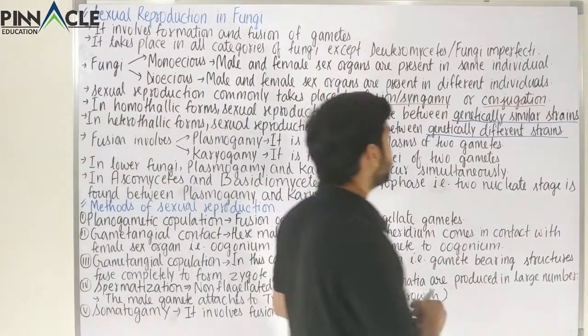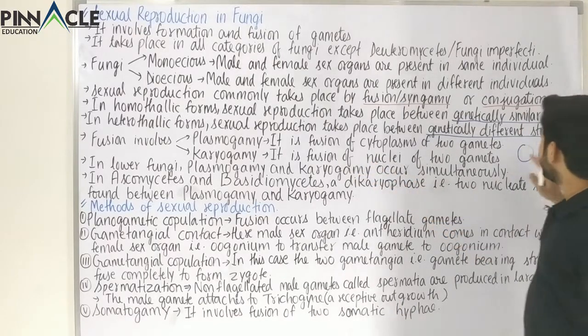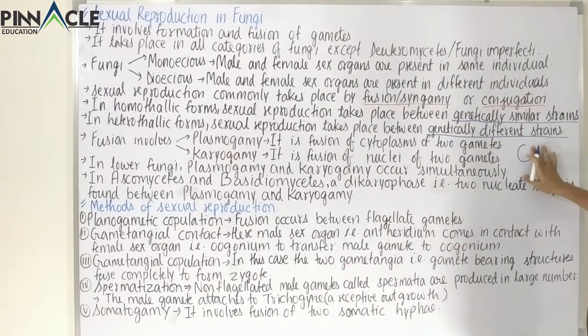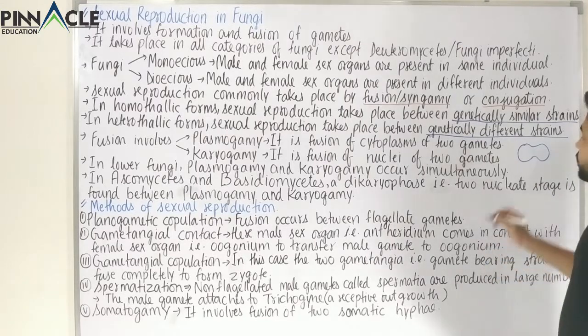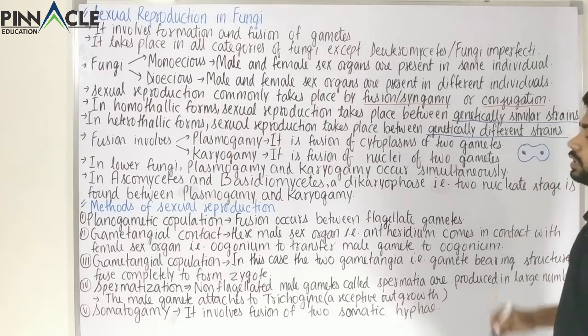For example, if we have two cells, then plasmogamy will involve the fusion of the cytoplasm of the two cells. So the two cells will become something like this, but they will still have different nuclei.